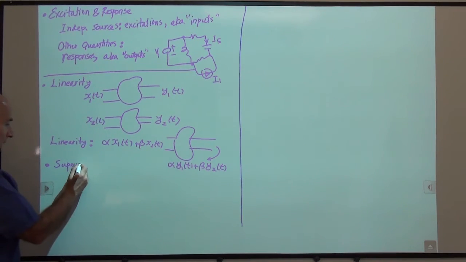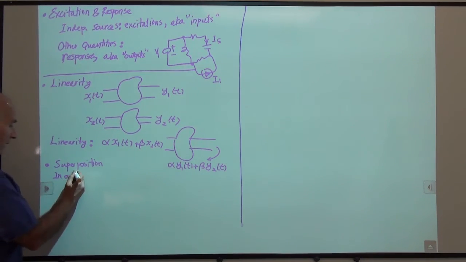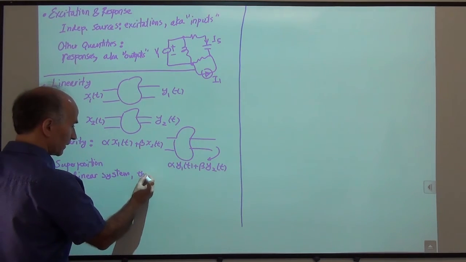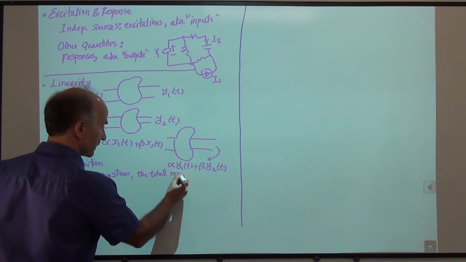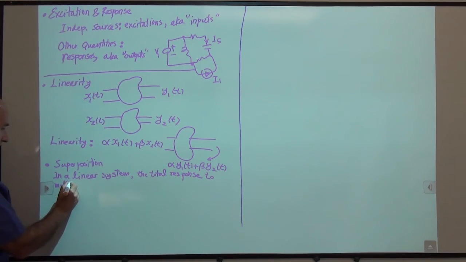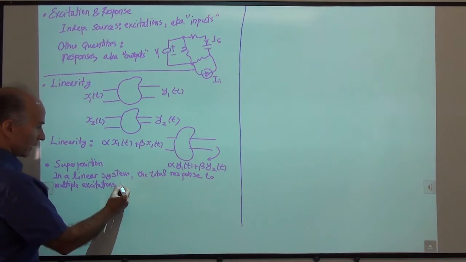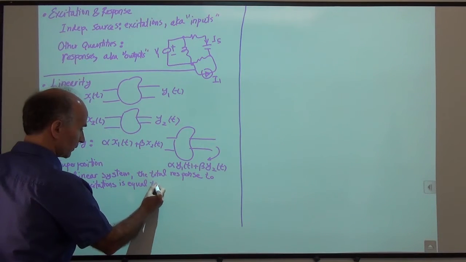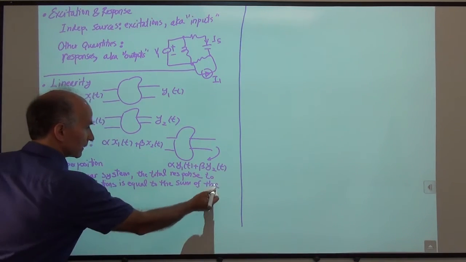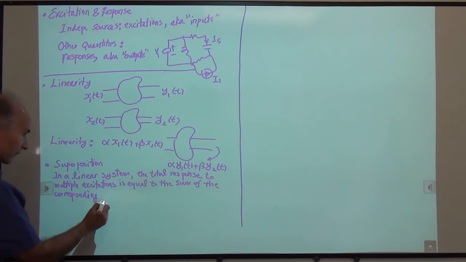So we say in a linear system, now that we have a definition of linearity, the total response to multiple excitations is equal to the sum of the corresponding responses.